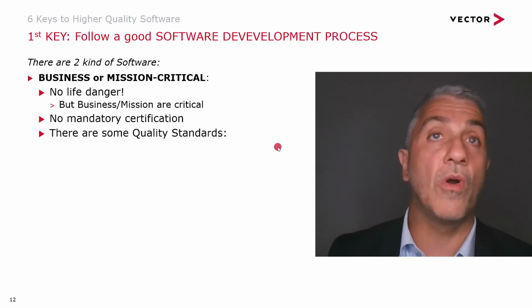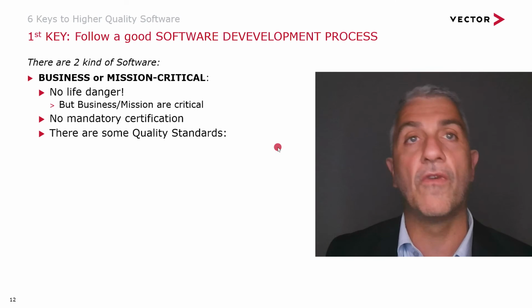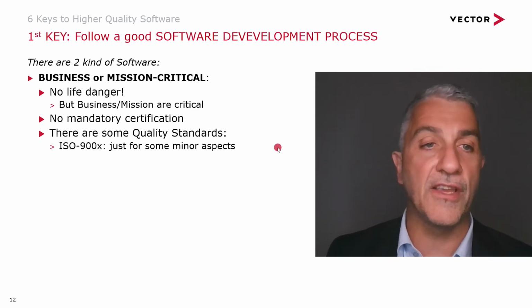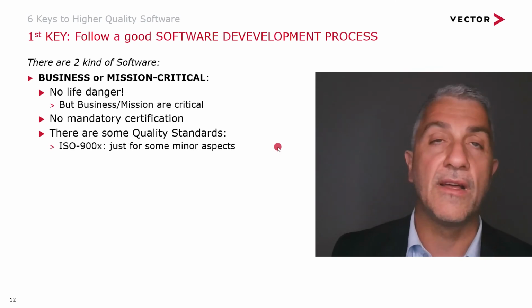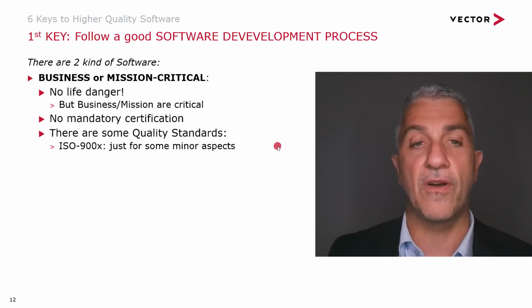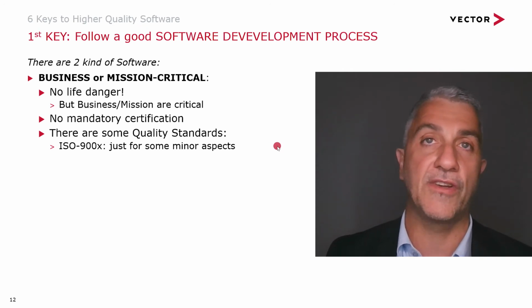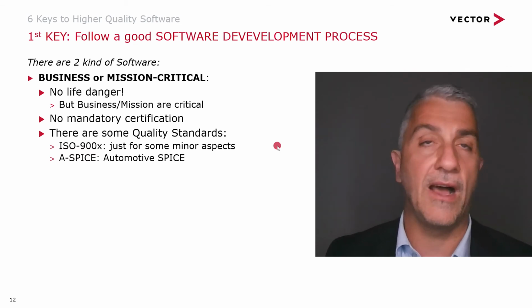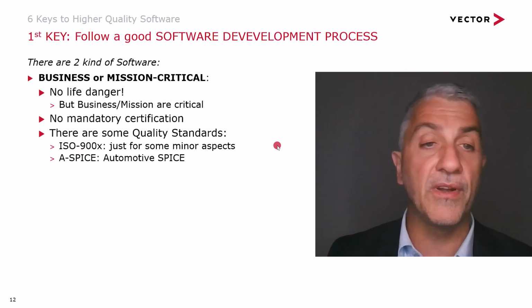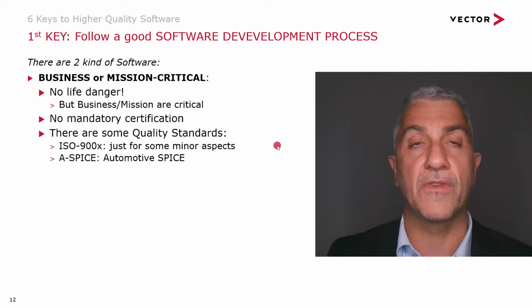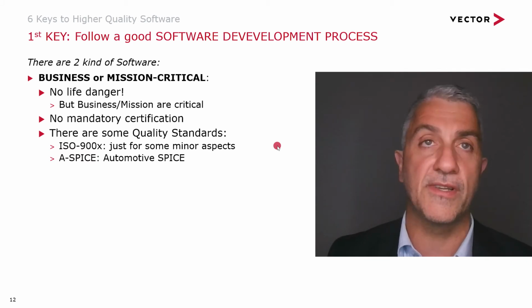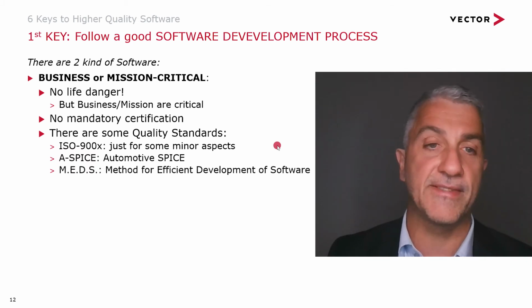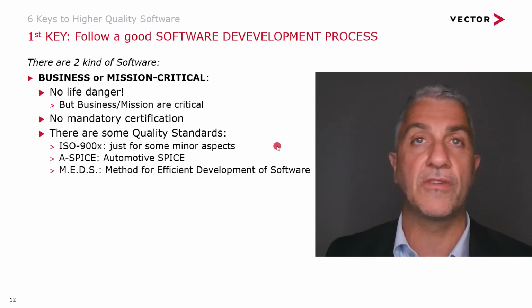So there are some quality standards that you can decide to follow. For example, the ISO 9000 standard, but it is for some minor and organizational aspects. Or, for example, there is ASPICE, the Automotive SPICE, that is pretty good for having a good process. And, for example, the MEDS, the method for efficient development of software.